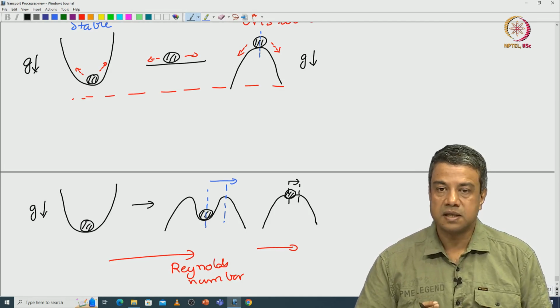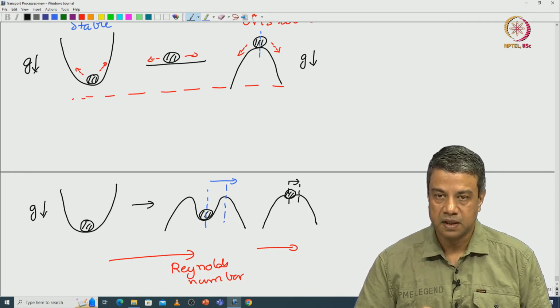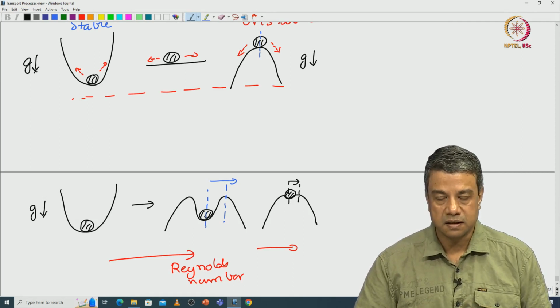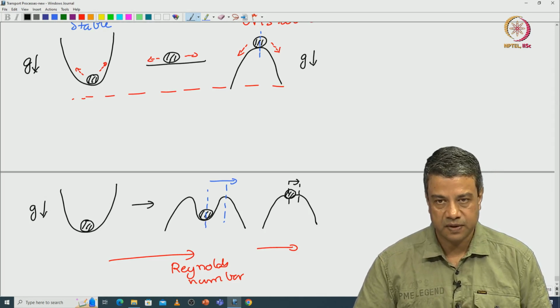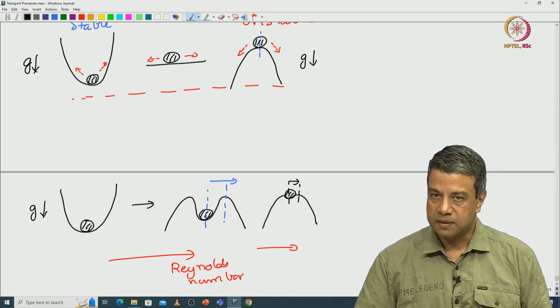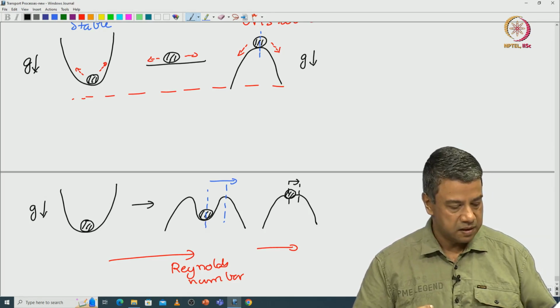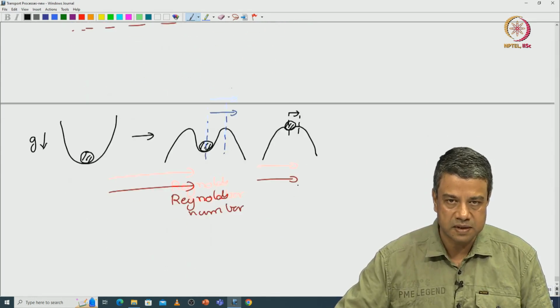It is not unstable to infinitesimal disturbances because it is still sitting at a minimum. However, when the displacement exceeds a finite value, the system undergoes a transition to a turbulent flow. In fact, the laminar flow is not unstable independent of what the Reynolds number is. You do require a finite amplitude displacement in order to make the system unstable.